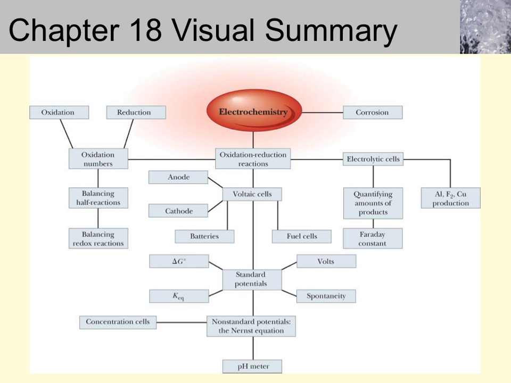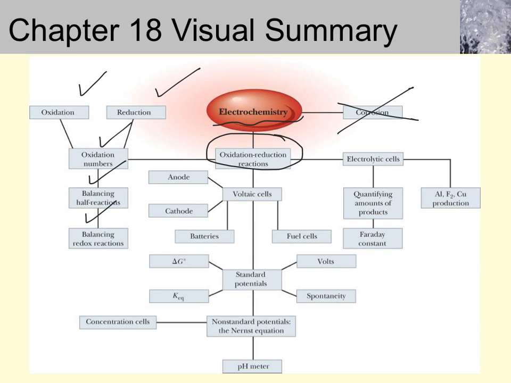At the end of every chapter, they have this giant concept map, and I thought this one was actually kind of useful for at a glance, what have we covered? First of all, oxidation reduction, you need to assign oxidation numbers, identify the half reactions, and create balanced redox reactions.